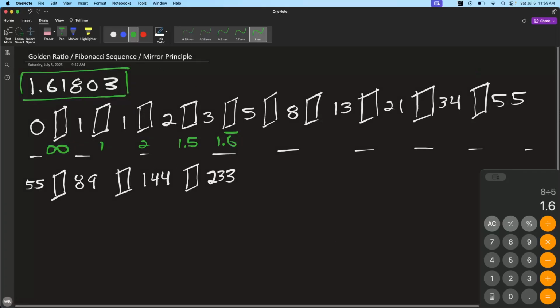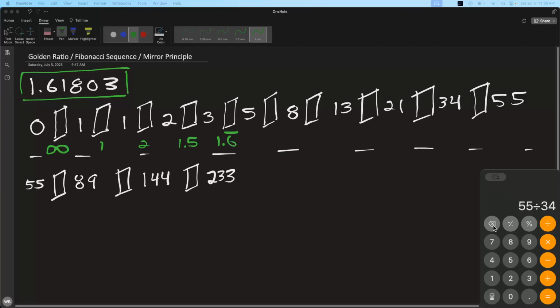Okay, let's do the next one. 13 divided by 8, 1.625. Closer still. 21 divided by 13, 1.61538. Closer still.